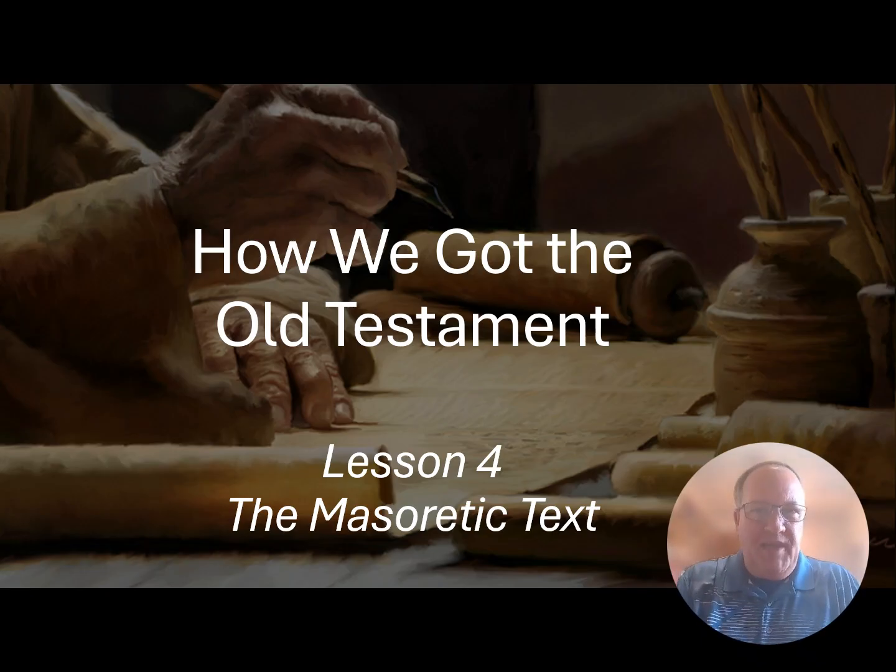So what we really have at our disposal at this point, as far as what we've talked about, is what we would call translations or versions. We have the Septuagint. We have some other translations in other languages that will help us.